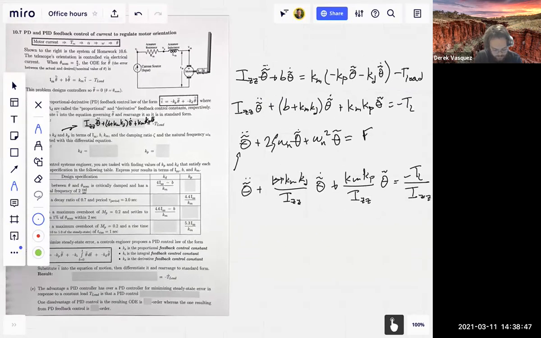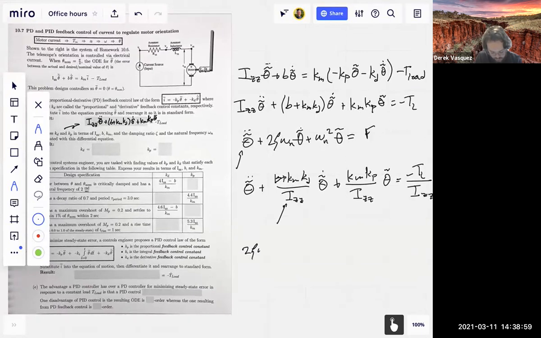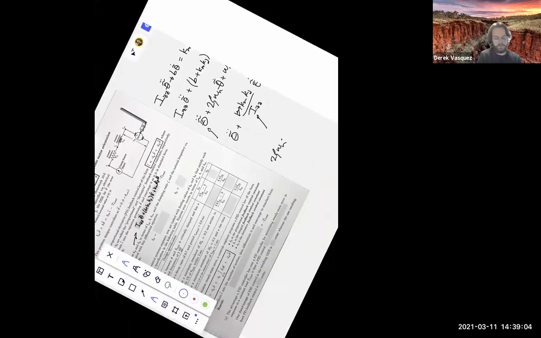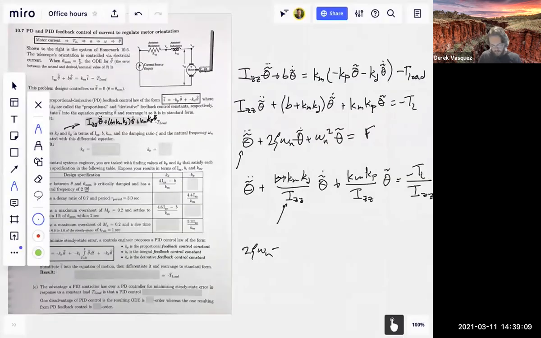So we just have to isolate Kd in that term. 2 zeta omega n is equal to B plus Km Kd over Izz.